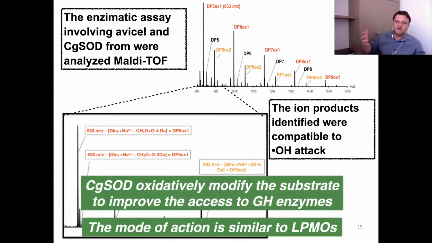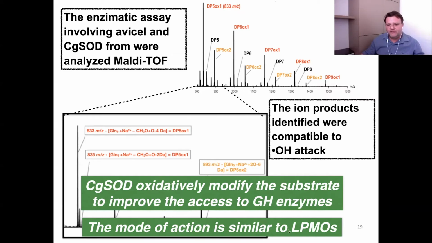So the conclusion of this work is that this superoxide dismutase from Coptotermes gestroi can oxidatively modify the substrates and improve the access to other glycoside hydrolases, and this would explain that synergistic effect that we saw in the biochemical assays.